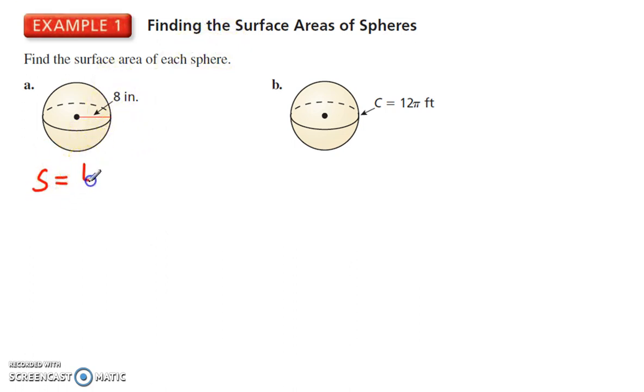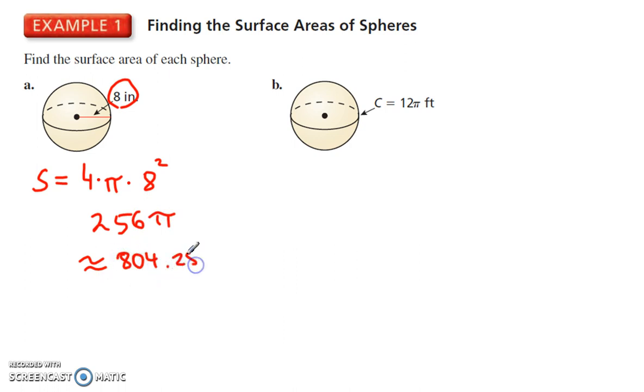Surface area is 4 times pi times the radius squared. So 64 times 4, and that is 256 pi, or approximately 804.25 inches squared.